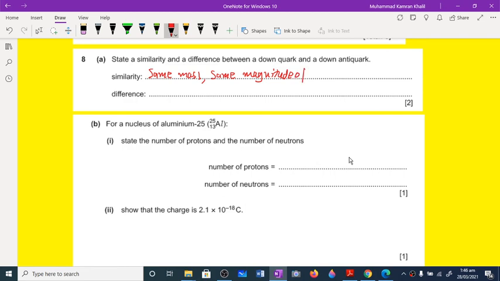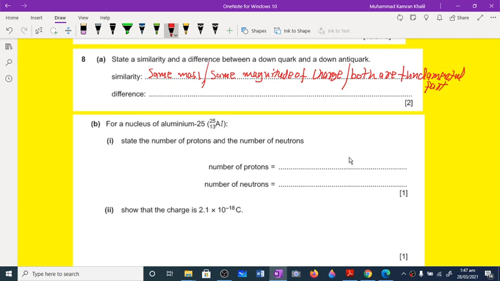You can write down this as well, and you can write that both are fundamental particles.